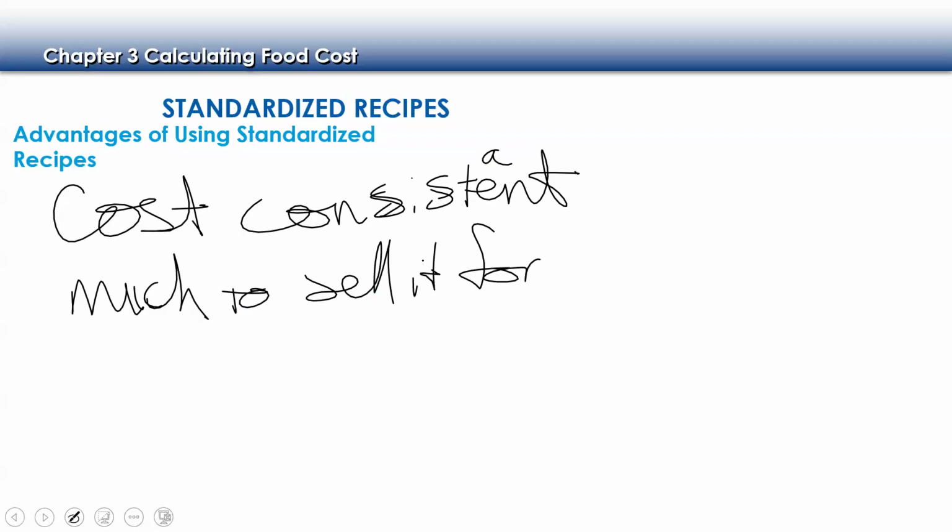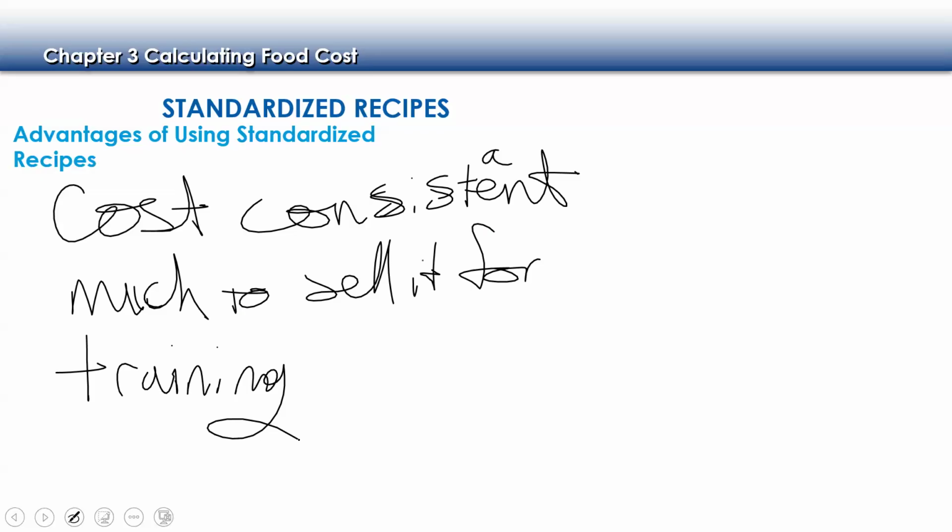What else? Less likely for error. Absolutely. So it's great for training. If it's a chain, then it would keep it the same.